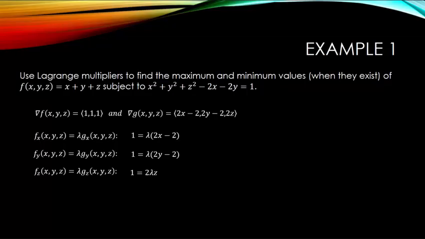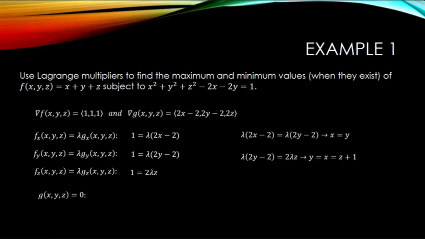Putting these together gives me lambda times (2x minus 2) is equal to lambda times (2y minus 2), which implies that x is equal to y. And lambda times (2y minus 2) is equal to 2 lambda z, which implies that x is equal to y is equal to z plus 1.